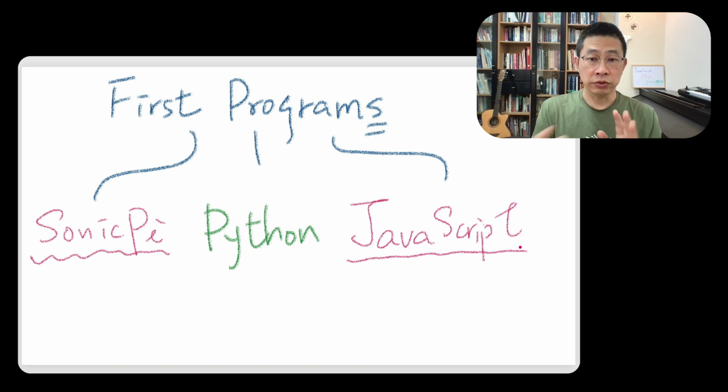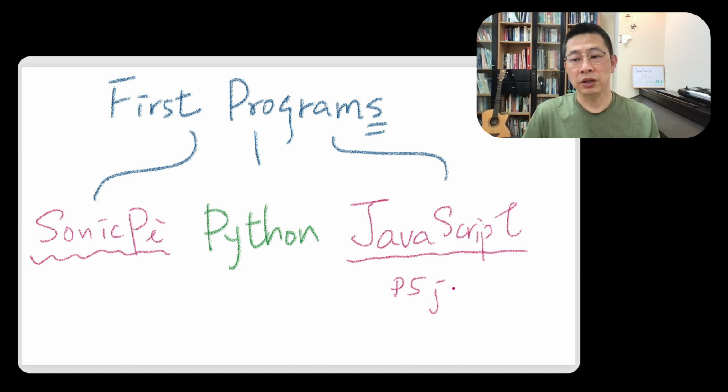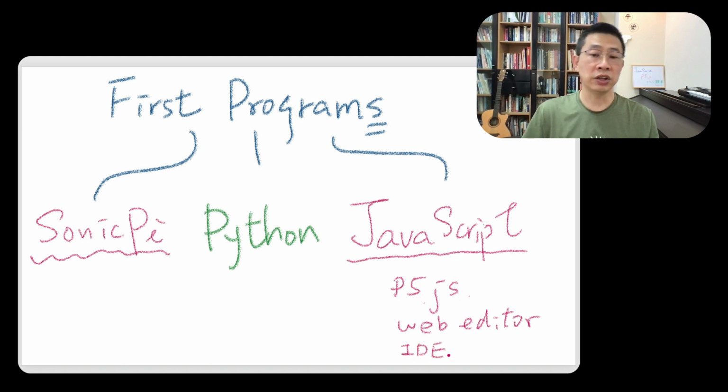There are different ways, but now I would like to use one very relevant to our course. We are going to use the p5.js online editor. So it will be a web editor and also a web developing environment, an IDE, integrated development environment.